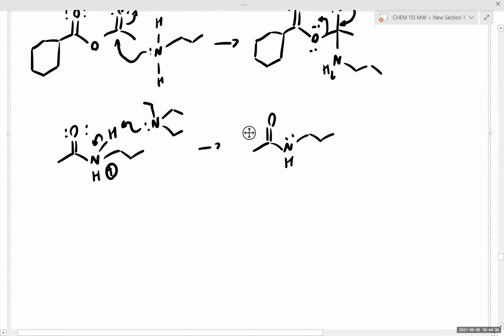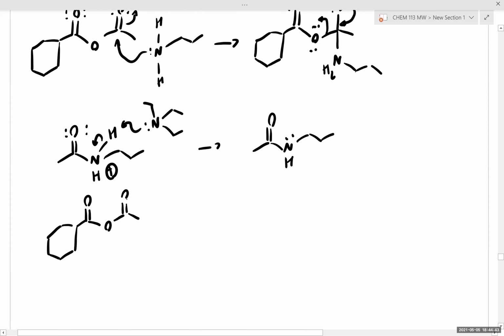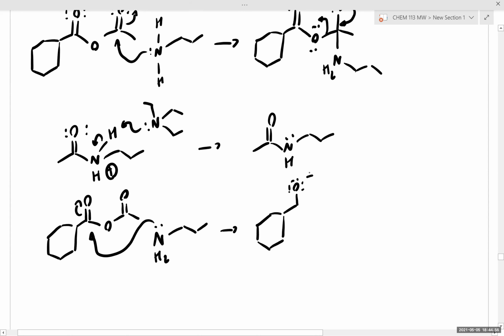Let's show the other potential product that we would get, which occurs with the attack at the more hindered position. So in this case, propylamine will attack the more hindered position. We make a tetrahedral intermediate. And then from here, we kick out our leaving group, which is the acetate ion.